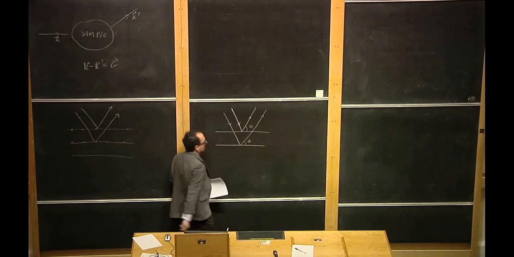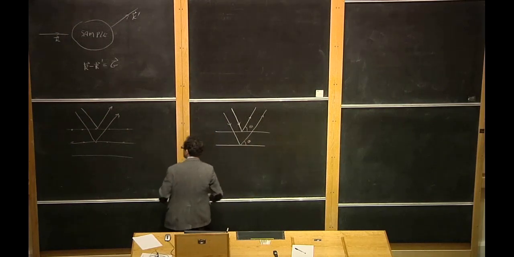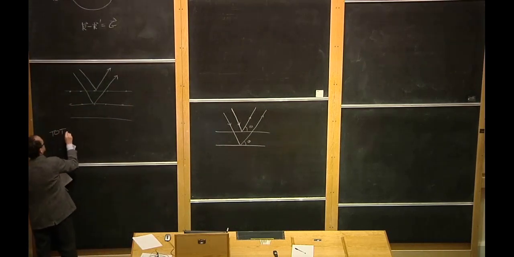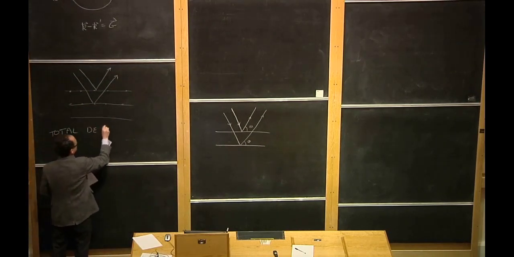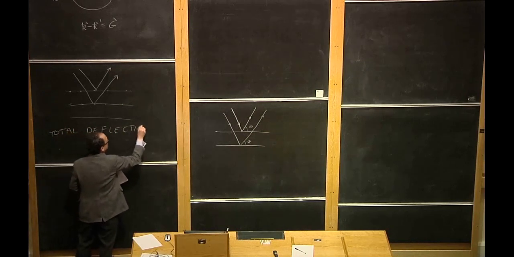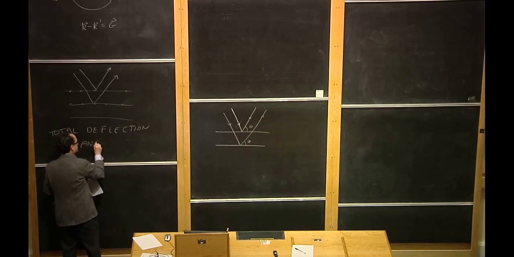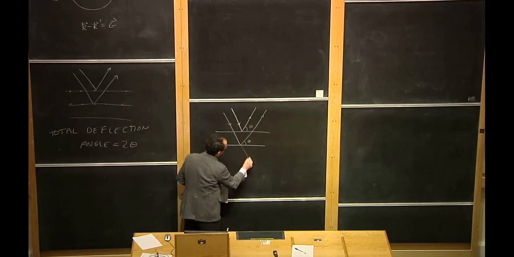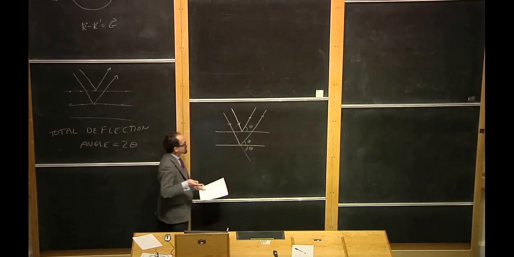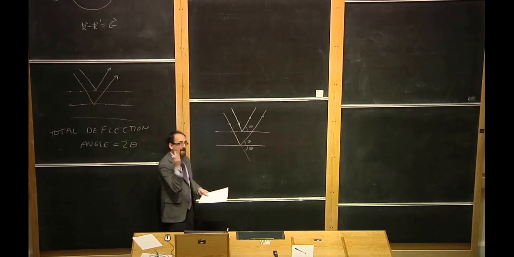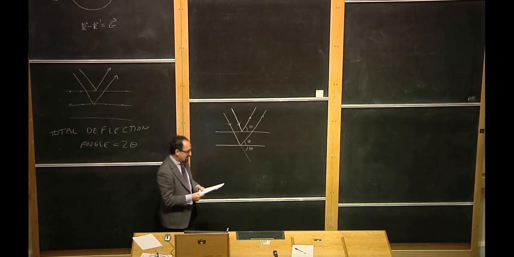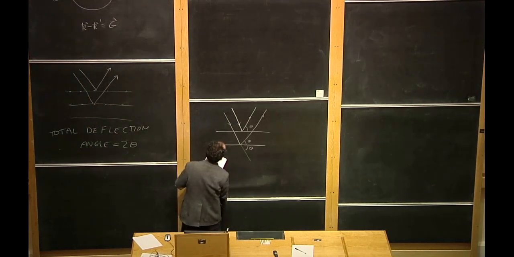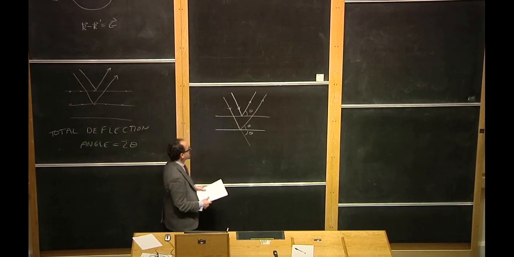I'm going to emphasize this, and maybe I'll even write it down, because it's an extremely common source of error. Total deflection angle equals 2 theta. Why is that? Well, there's theta there and another theta there. So the difference in angle between the incoming wave and the outgoing wave is actually 2 theta. This causes all sorts of grief to a lot of people, so make sure you know when you're talking about theta and when you're talking about 2 theta.